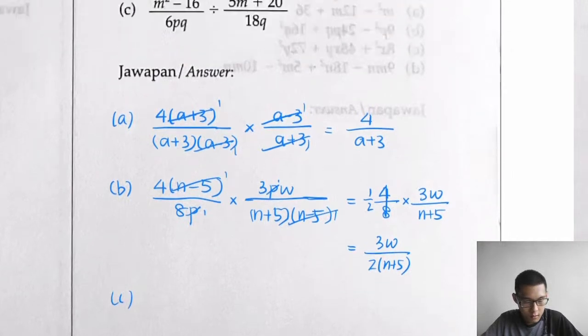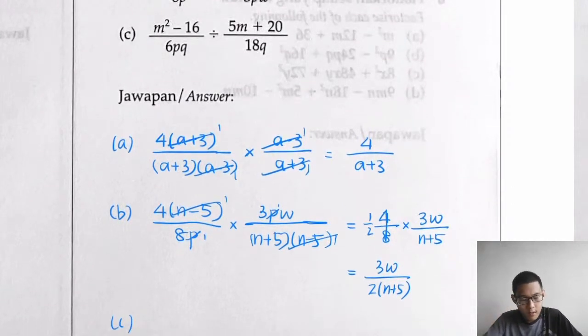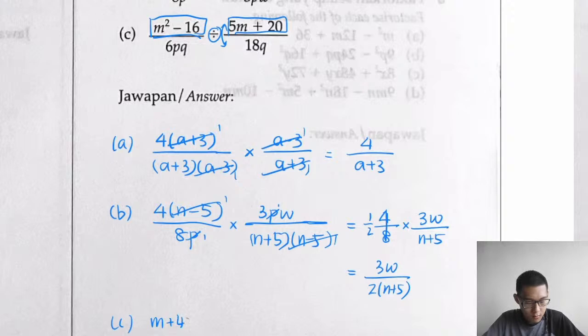Let's see C, the last one. Okay, we can simplify this. We can change the position. Now we try: m plus 4, m minus 4 divided by 6pq times 18q divided by 5 times m plus 4.